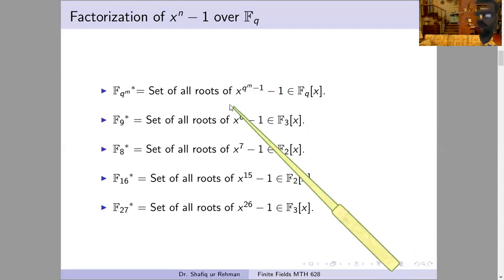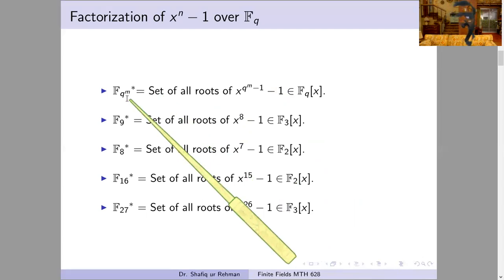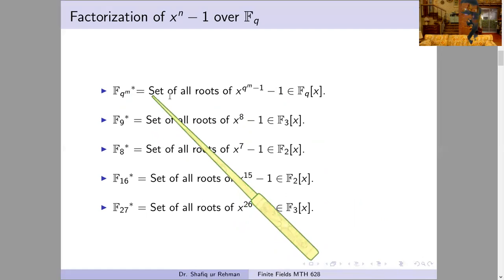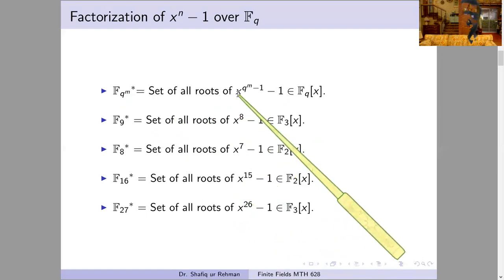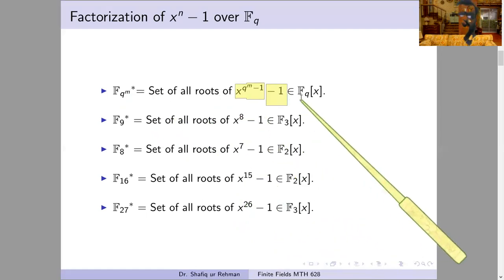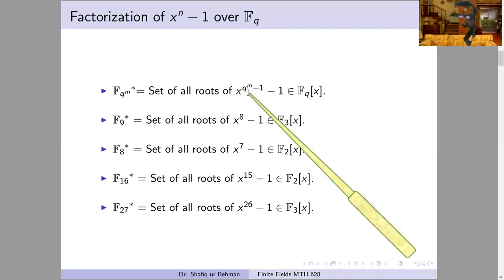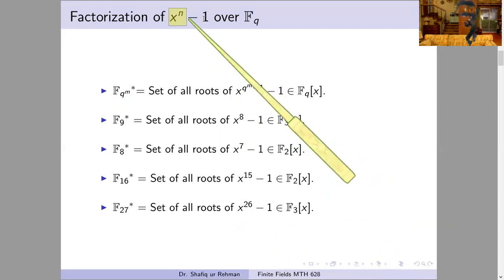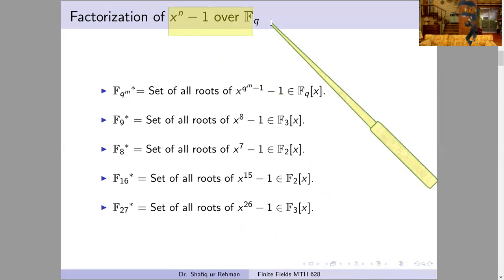So we observe that the group F_q power m star can be seen as the set of all roots of this polynomial over the field F_q. And this is a polynomial of the form x power n minus 1 over the field F_q.